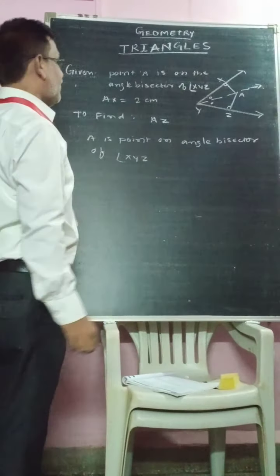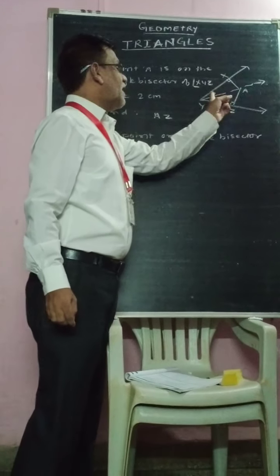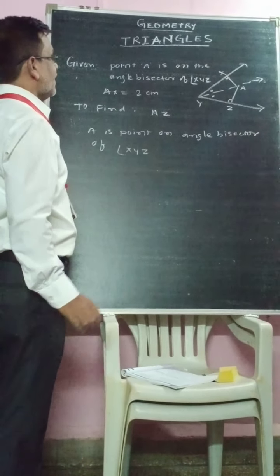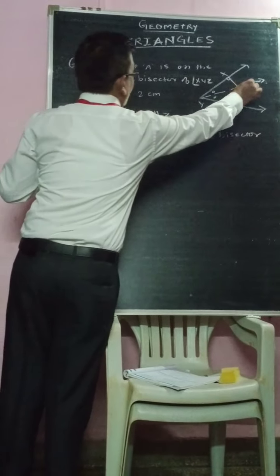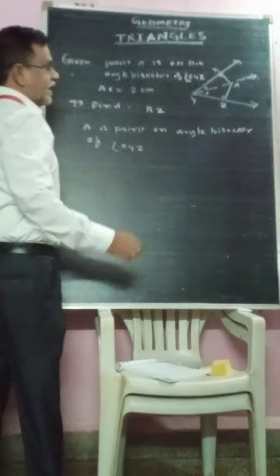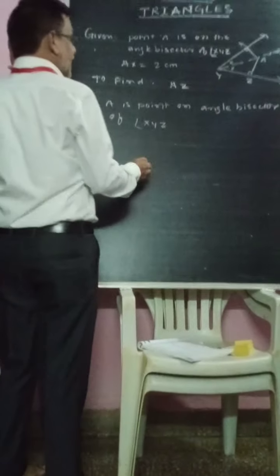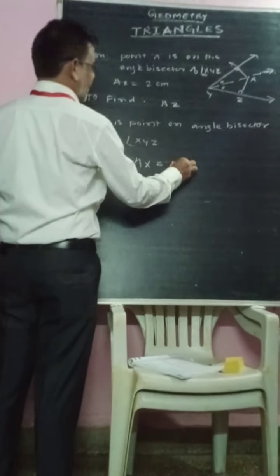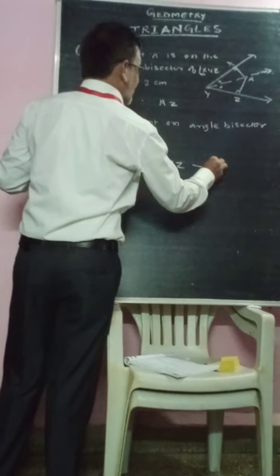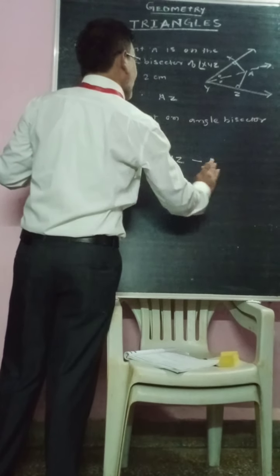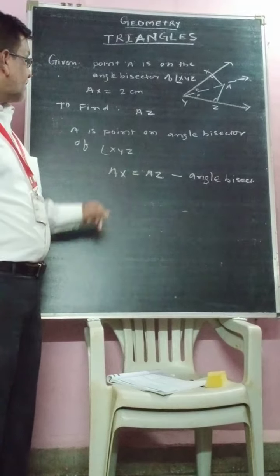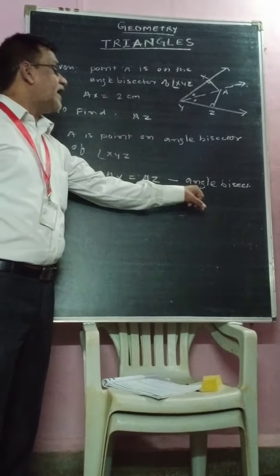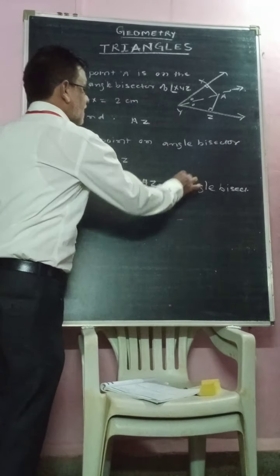It means if A is a point on the angle bisector of angle XYZ, then we can say that AX is equal to AZ, by using the angle bisector theorem. See here, AX is equal to AZ. Reason is angle bisector theorem.